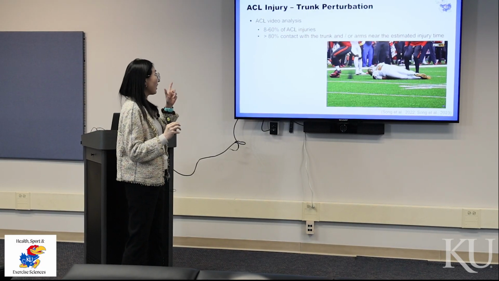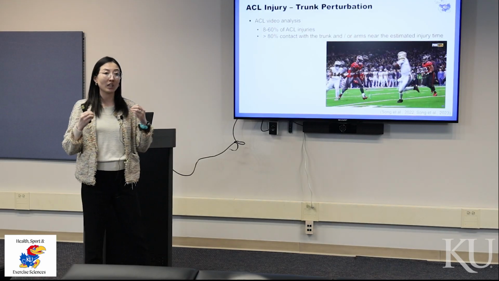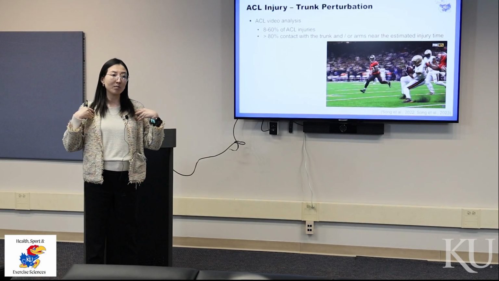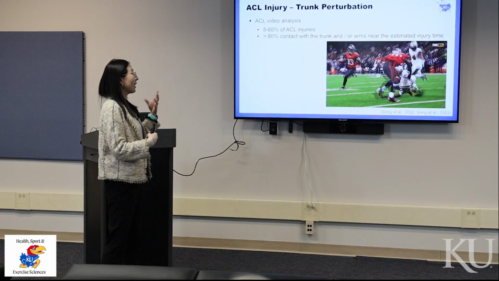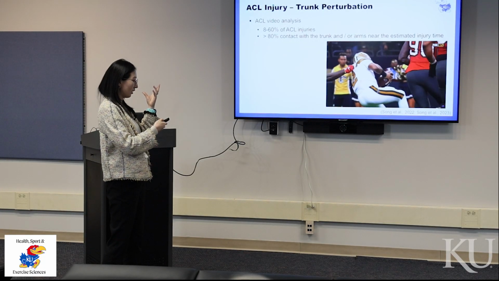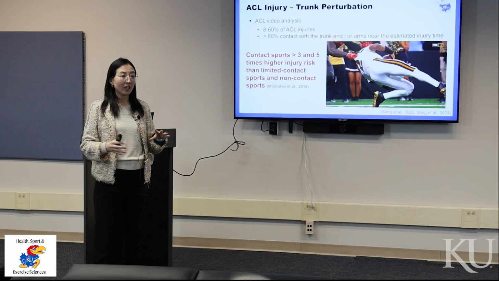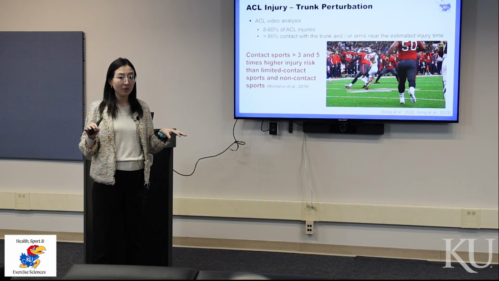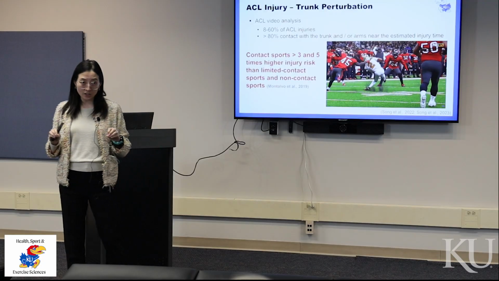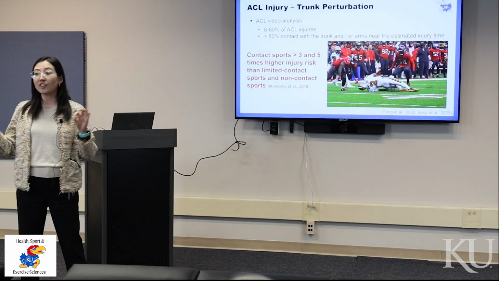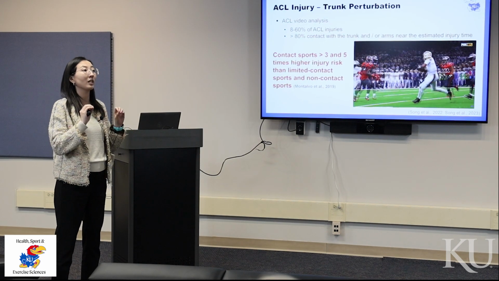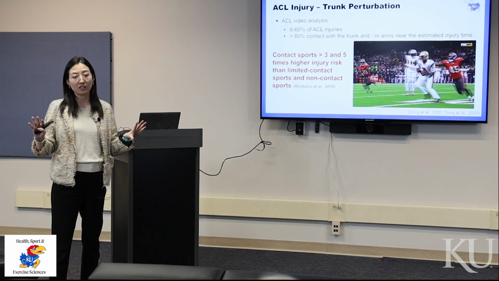We found out that more than 80% of those contacts happen around your trunk region, about your arms, about your hips, so both are counted. And most importantly, if you look at the meta-analysis from epidemiology studies, a sport with a contact nature has 3 to 5 times higher injury risk compared to limited contact sports and non-contact sports.